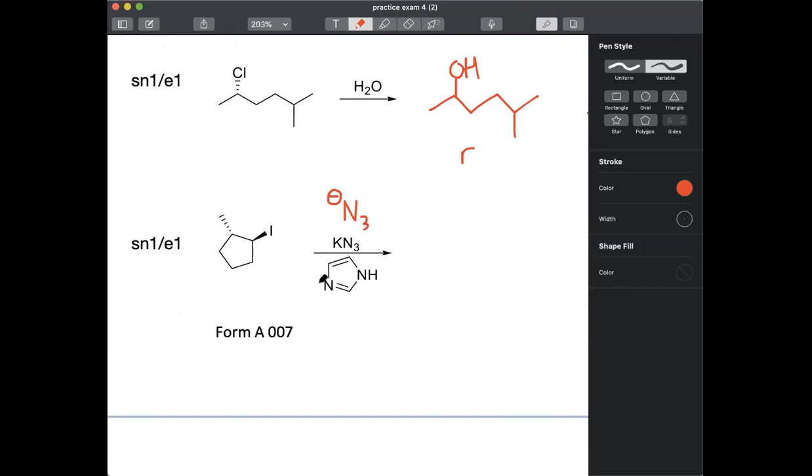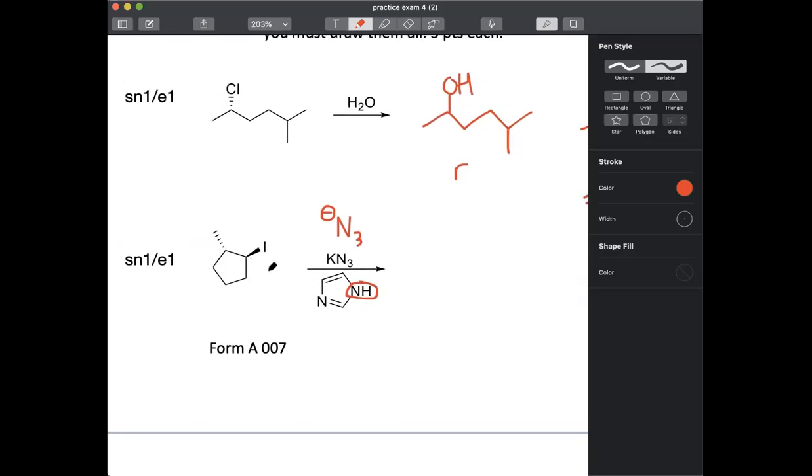So she won't give you the name of this because it's not on the list, but she'll give you the structure. Does that make sense? If she gives you the structure of some solvents, you have to know if it's hydrogen bonding or not. Okay, cool. Right here, that's your H bonding site. So SN1/E1, same thing as before.